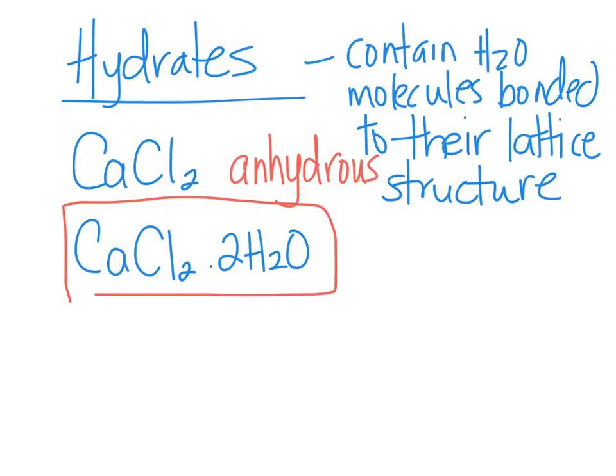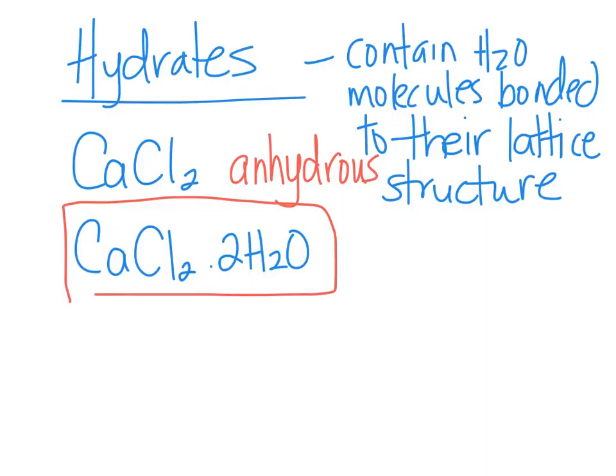Isn't there only one calcium chloride? Remember, an ionic compound is an array. Calcium ions bonded to chloride ions, bonded to calcium ions, bonded to chlorine, right? It's a repeating array, so your positives are surrounded by more than one negative, but for every one calcium, there's two chlorines.